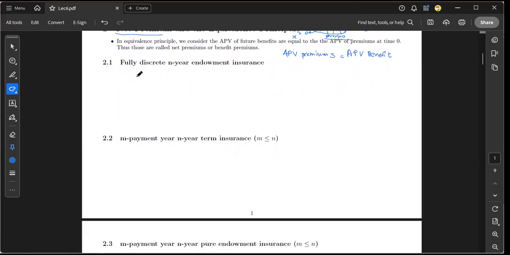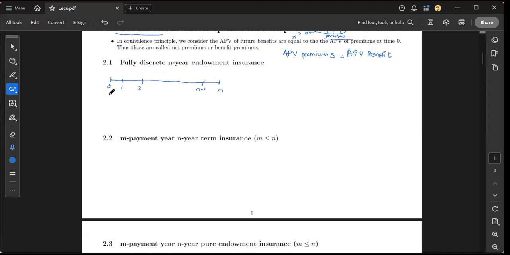And for the premiums, it's fully discrete. That means we assume the premiums as an annual premium scheme during the coverage period. So for the n-year case, starting from zero, it should go up to 1, 2, and we have n minus 1 and n here.